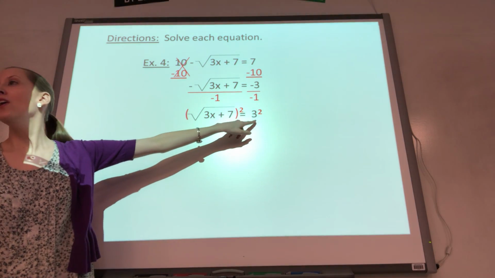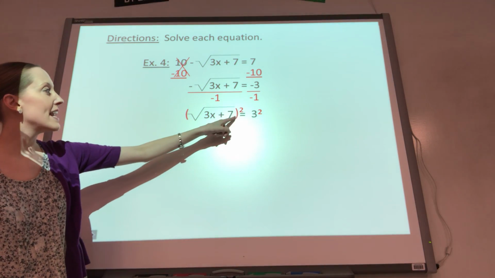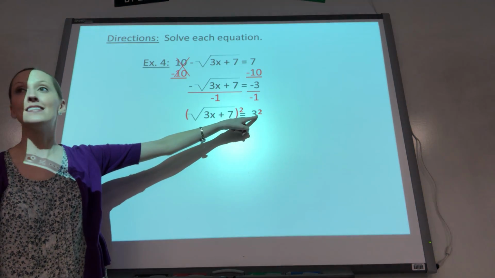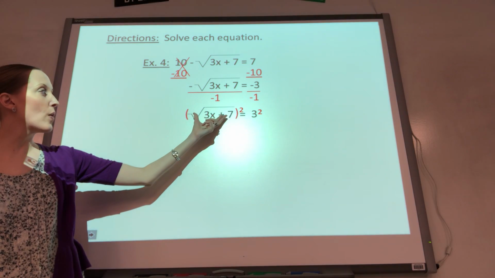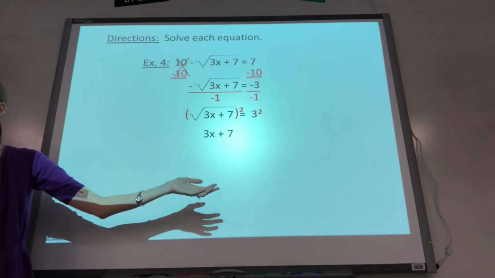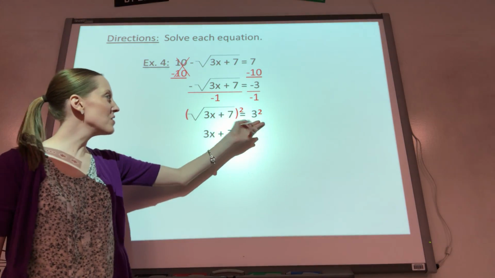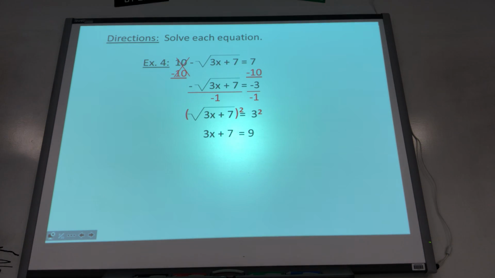This right here was one of the most common mistakes on the quiz, forgetting to square that side. A lot of people squared this and brought down the 3x plus 7, but then left it equal to 3. You can't do that. Whatever you do to one side of an equation, you have to do to the other.